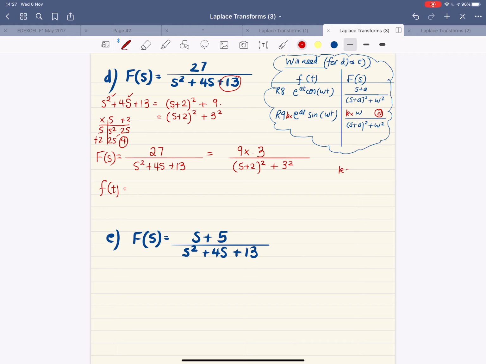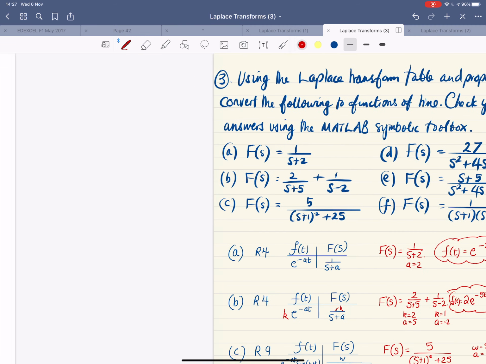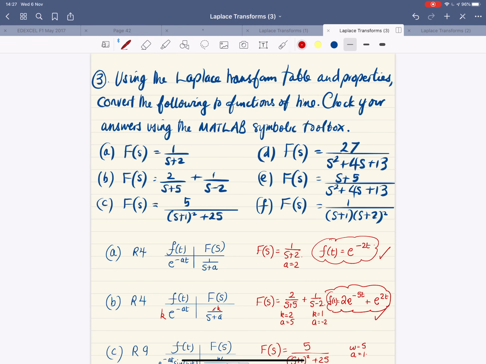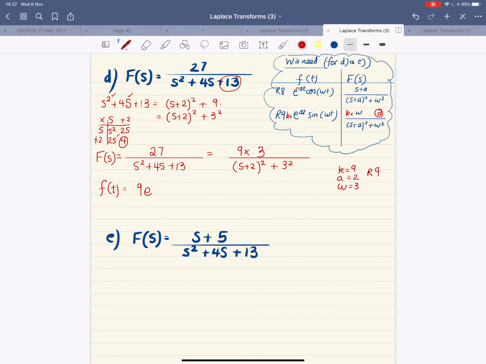So we've got k is 9, a is 2, and omega is 3, and this is row 9. So it's going to be 9 e to the 2t. I believe I've missed a minus sign off there. Yes, I have. There should be minuses in there. e to the minus 2t.